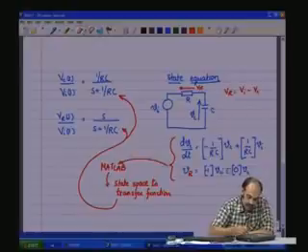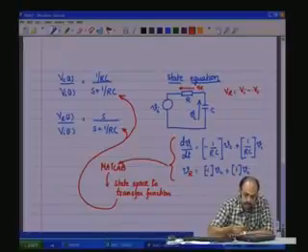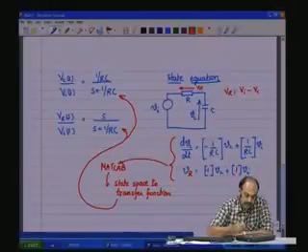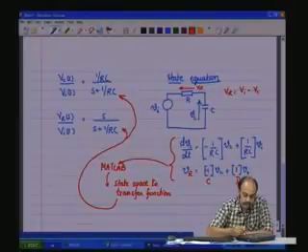So, I erase the 0 and put a plus 1 here. So, this is our output equation now. C is minus 1, D is 1.